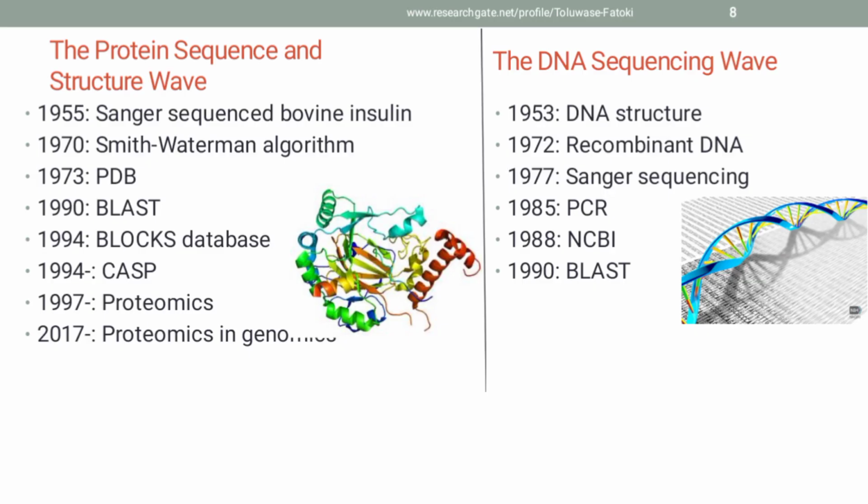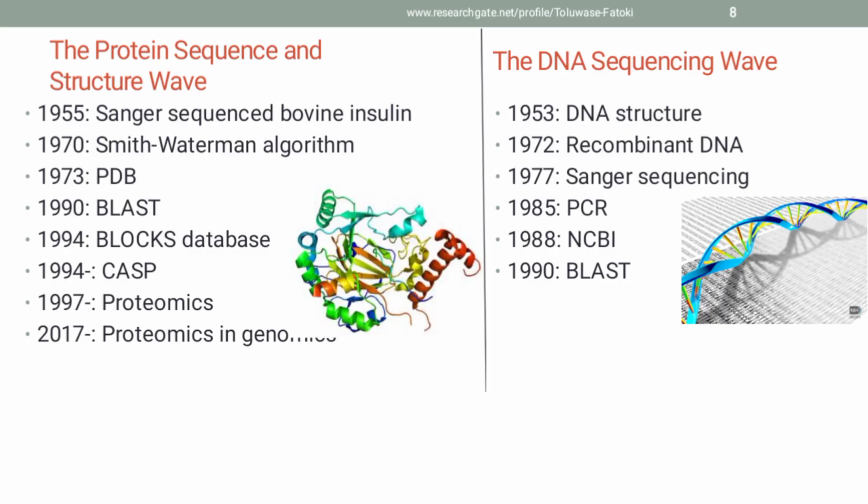And then in 1988, NCBI, the National Center for Biotechnology Information, the database site in the United States of America, was also launched. And then BLAST was developed in 1990. As you can see, BLAST is present for protein sequence structure. It was also present for DNA sequence.